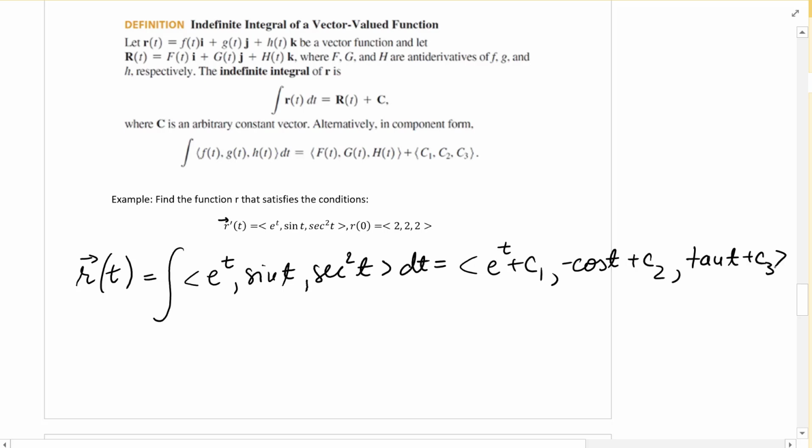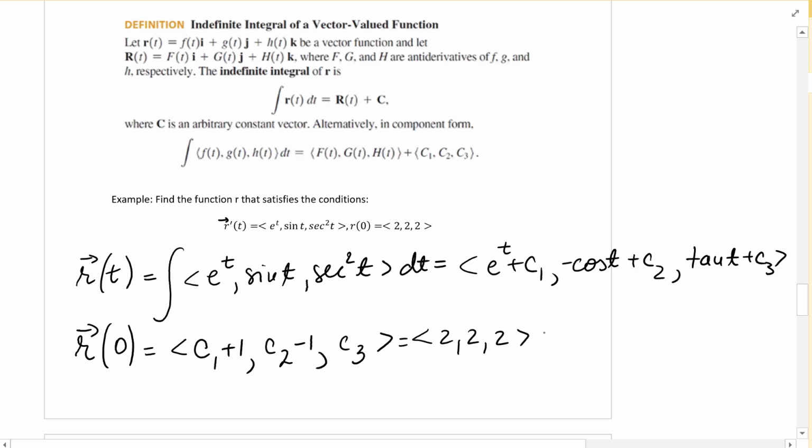But r of 0 is equal to c1 plus 1, c2 minus 1, and c3. But it's also equal to 2, 2, 2. So that means c1 is equal to 1 because we equate c1 plus 1 equals 2. Then c2 minus 1 equals 2, so c2 equals 3.